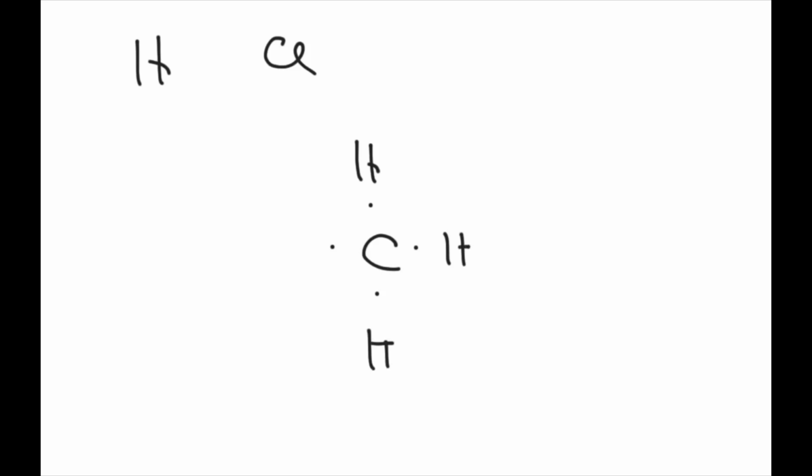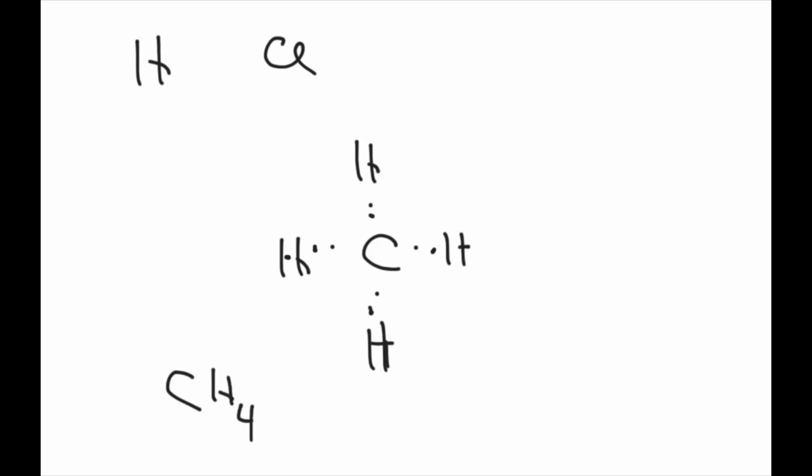So if we start off with a compound between hydrogen and carbon, we draw the carbon with its 4 valence electrons. This is a Lewis dot diagram that we're drawing here. We continue to fill it in until the octet is fulfilled. And so we have a carbon surrounded by 4 hydrogens.